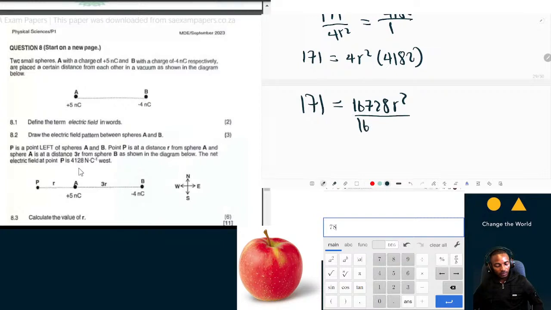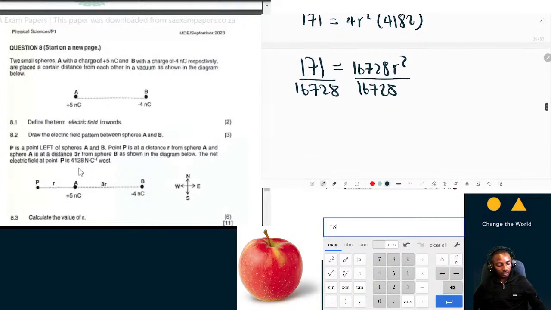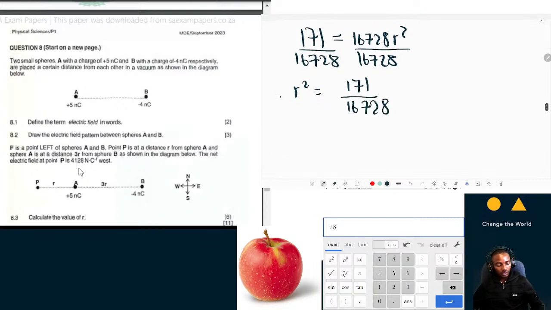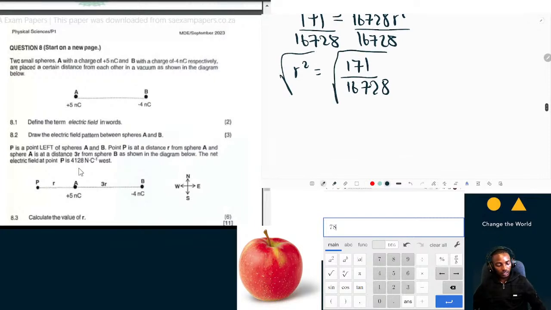Then divide by 16728. R squared will be equal to 171 over 16728. Then take the square root of both sides.